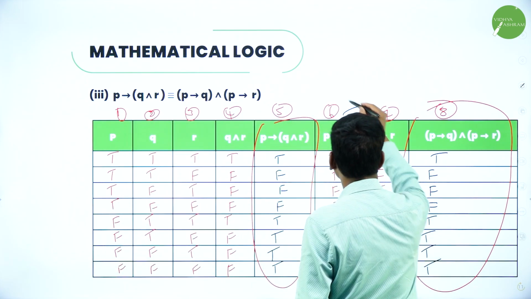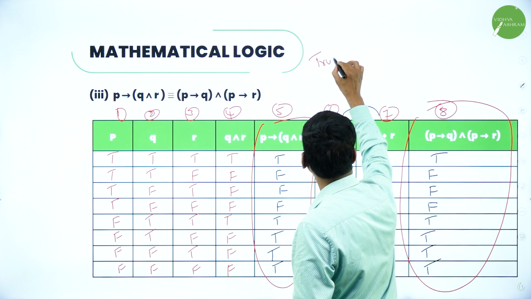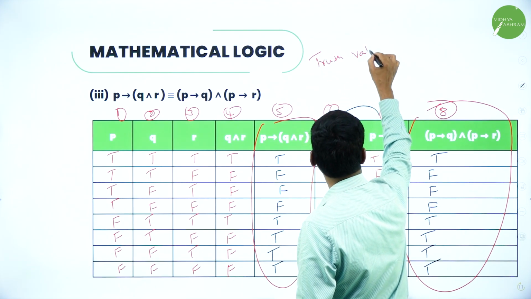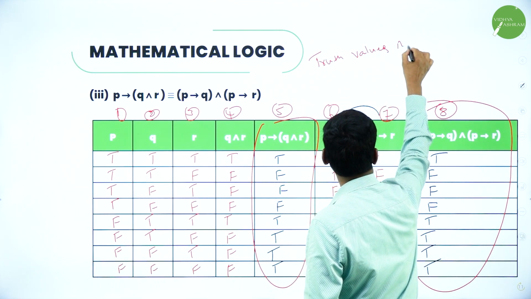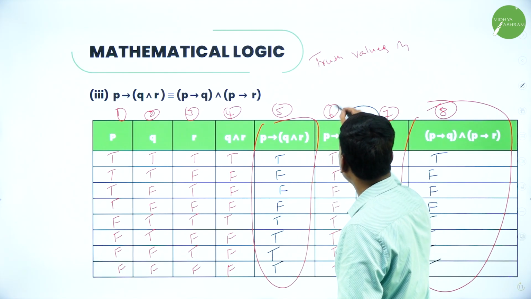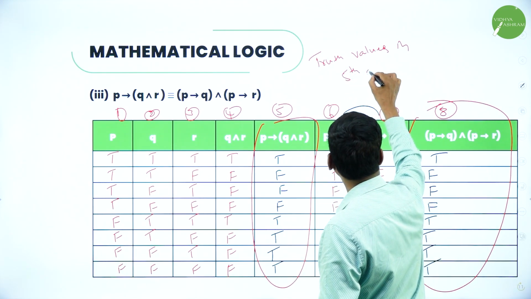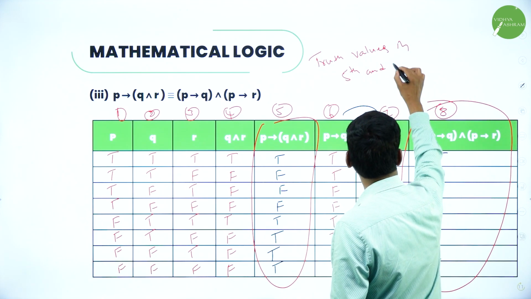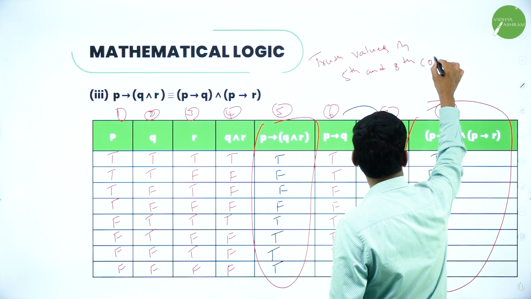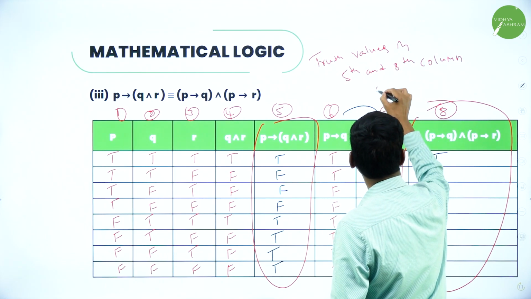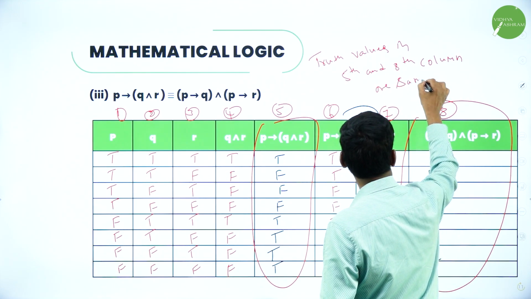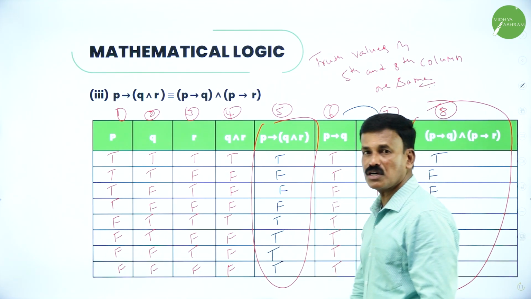Therefore, the truth values in the fifth and eighth columns are the same. So, that means they are logically equivalent.